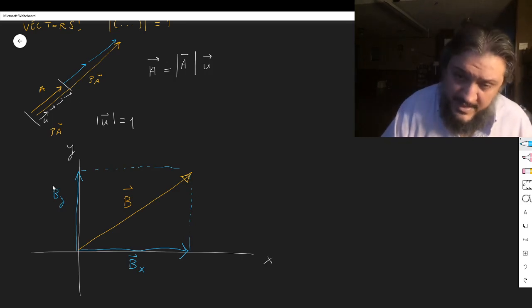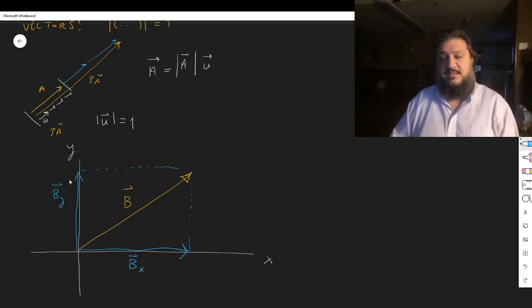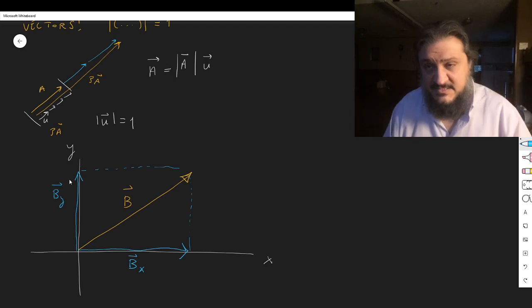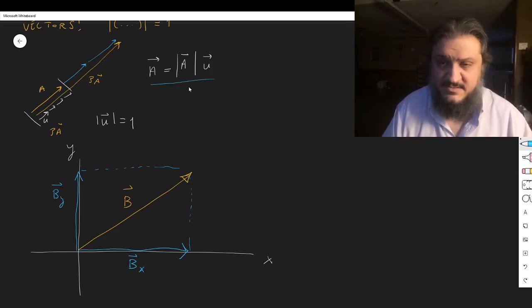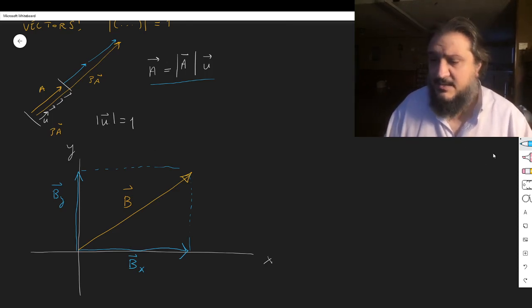So what if we decide to write Bx and By vectors, just like this one, in terms of unit vectors? I'm not going to call it U now. I'm going to call them i and j.